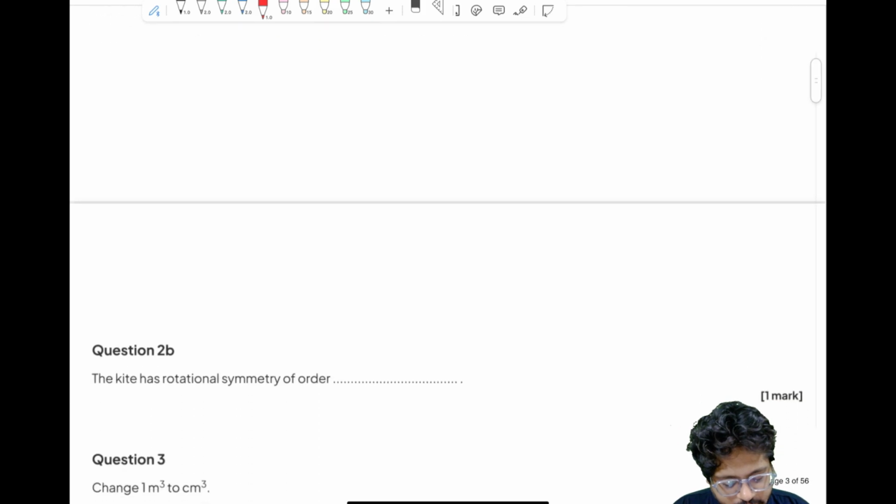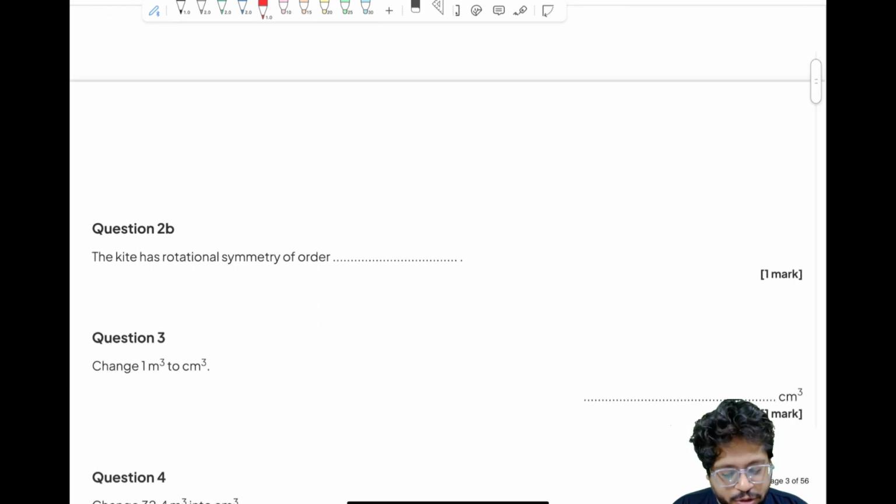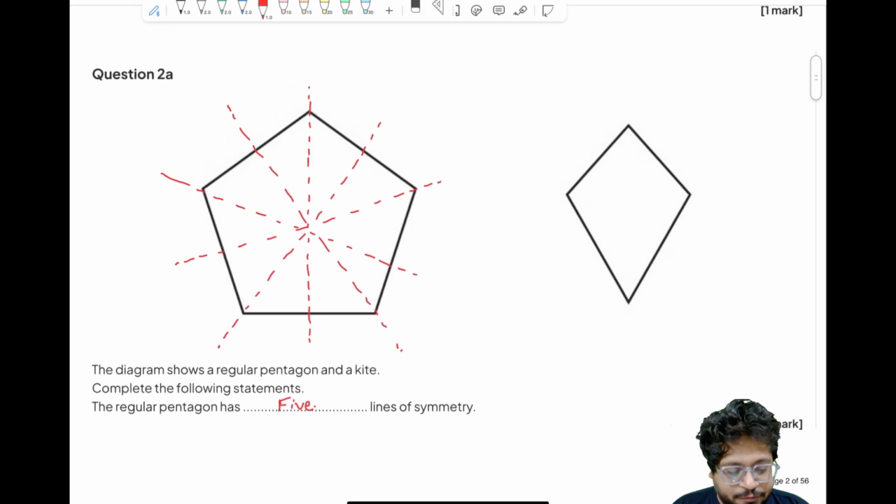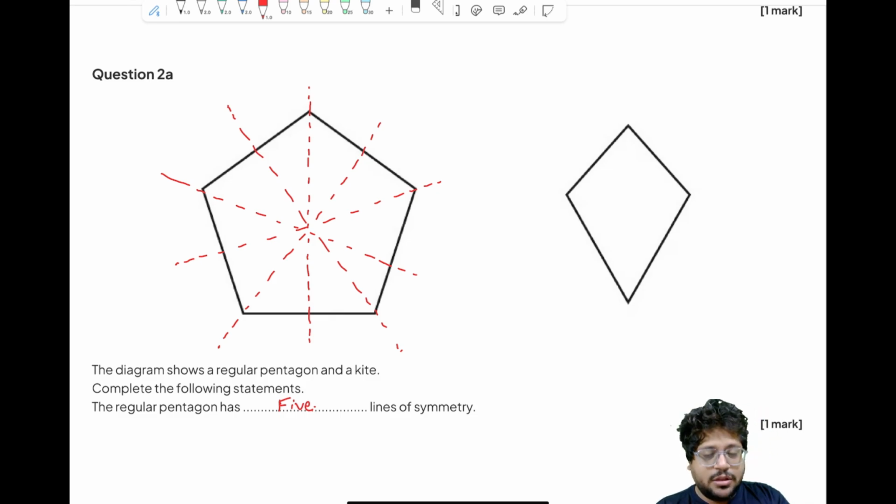Clear? B part, the kite has rotational symmetry of order what? Rotational symmetry means after rotating it, clockwise or anti-clockwise, by how many degrees can you rotate it so that the same figure repeats. So if I rotate this kite by, let's say, 90 degree, it will be somewhat like this, right?